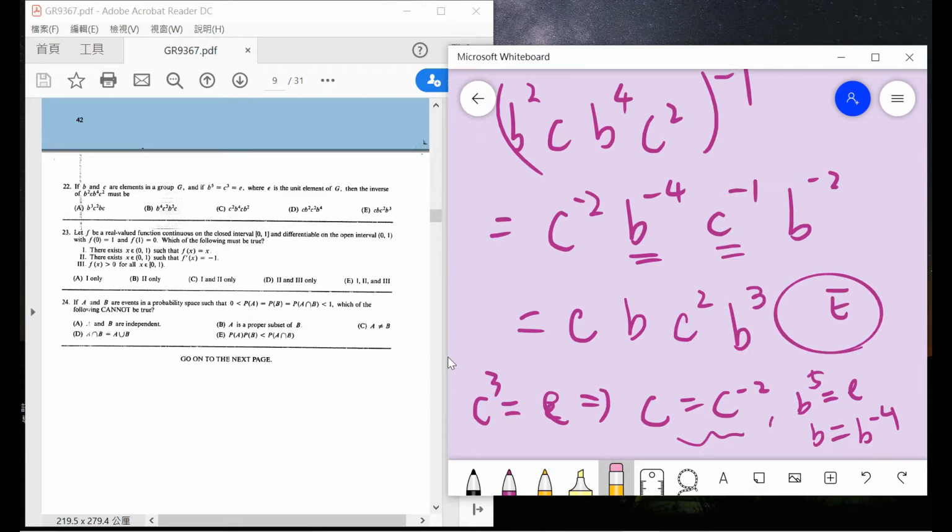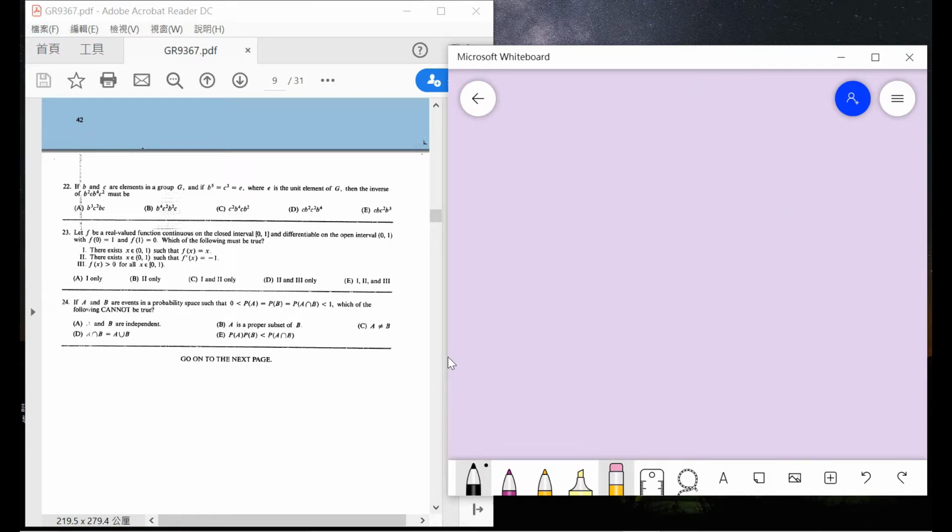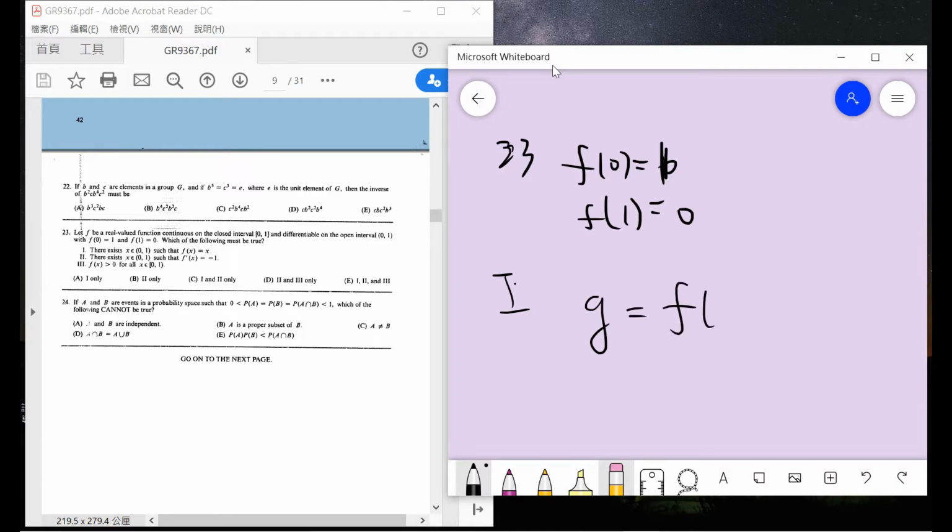Okay, 23. f is a real function continuous on a closed interval and differentiable on an open interval, and f of 0 is 1 and f of 1 is 0. Which must be true? The first one: there exists x in the open interval such that f of x equals x. How about I let g equal f of x minus x?